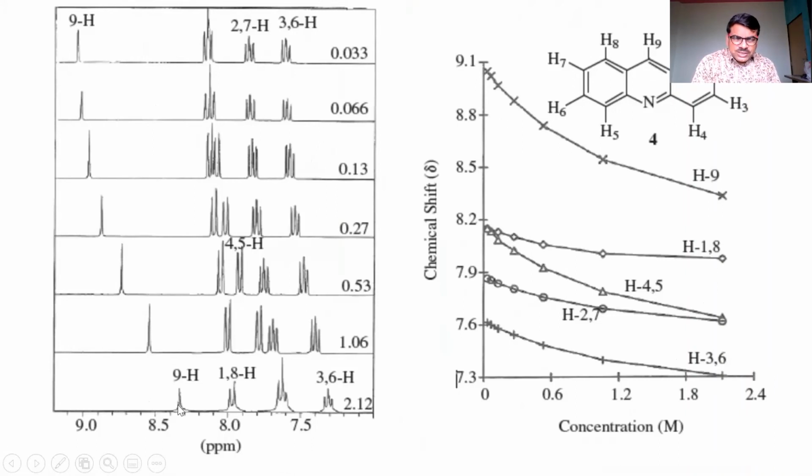When we take the spectra of this compound acridine, see here at the 9 proton, the proton present at the 9 position, it is getting a value of 8.3 or something, and this is actually taken.